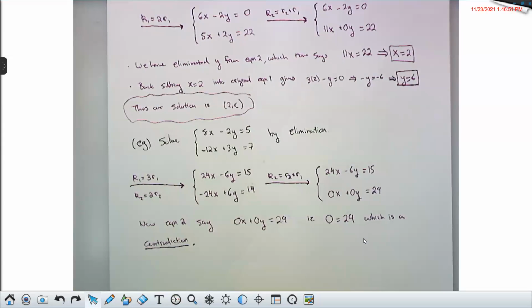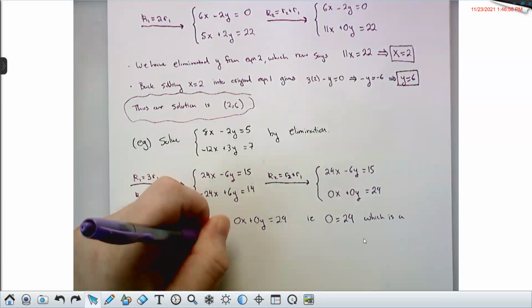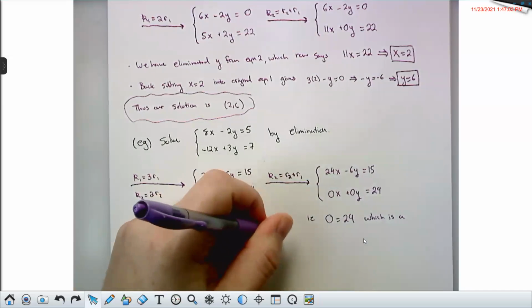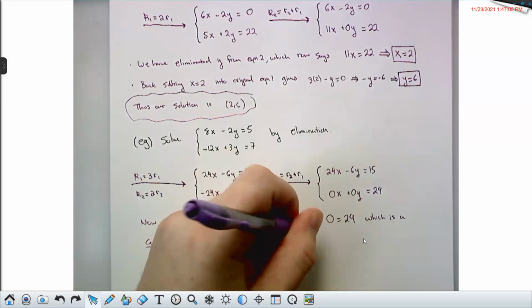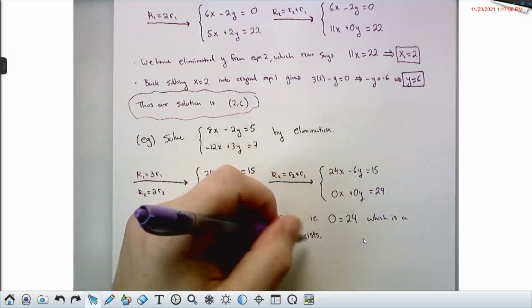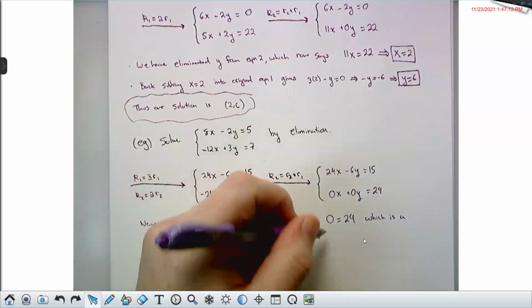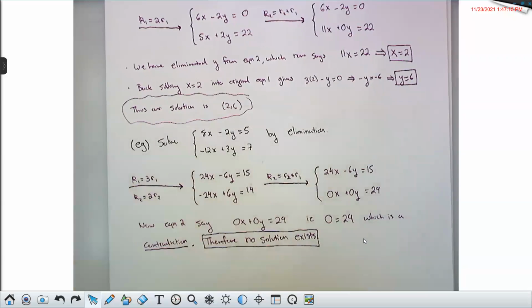So if you assume a solution exists, you arrive at a contradiction, which means no solution exists. And that's it, you're done. This system has no solution.